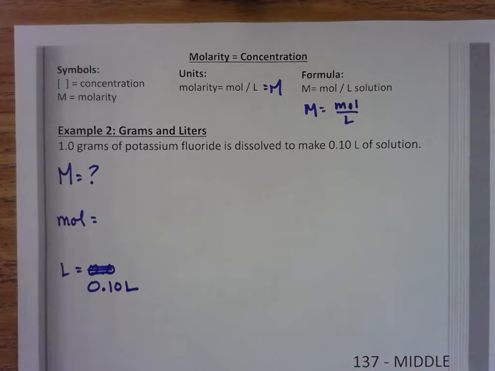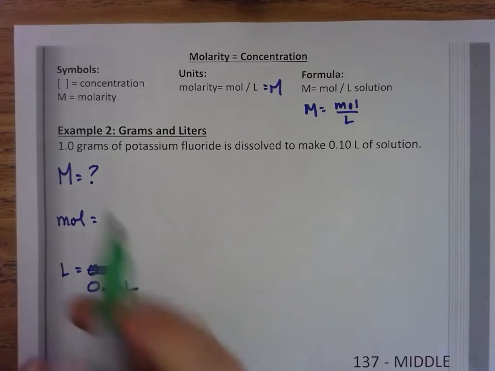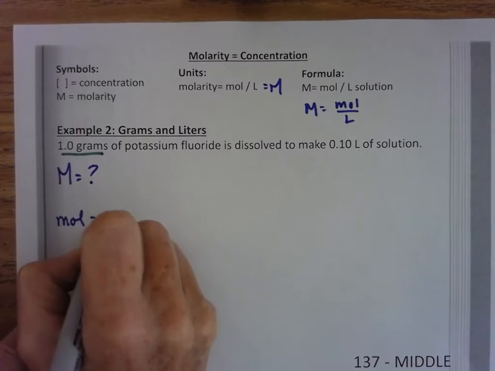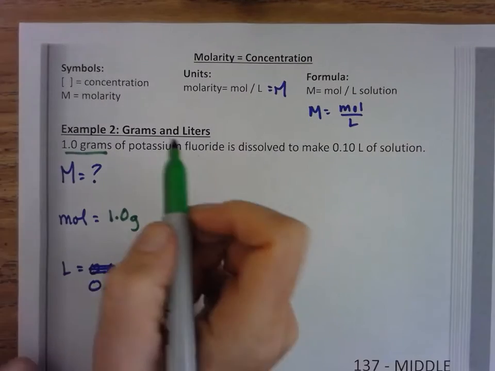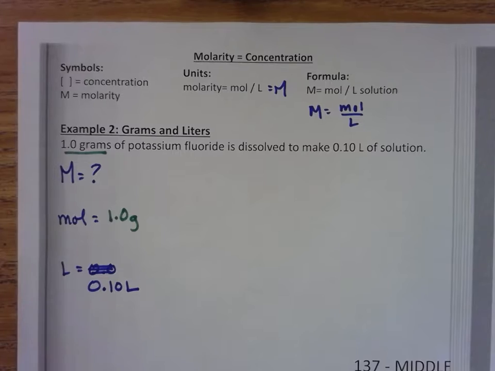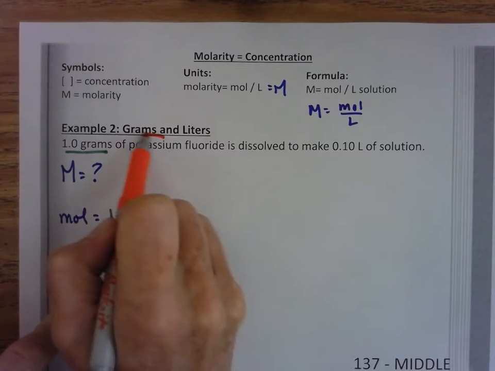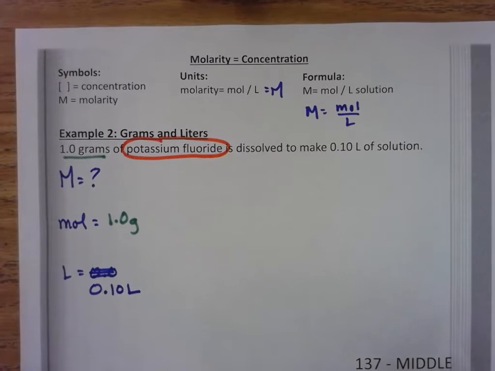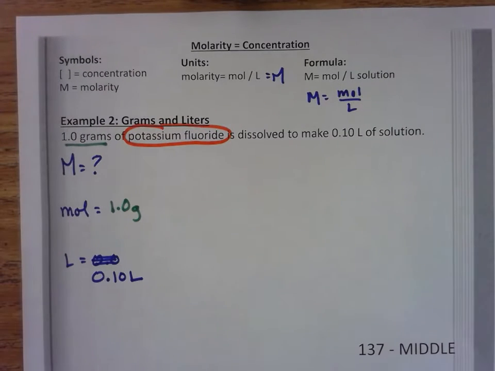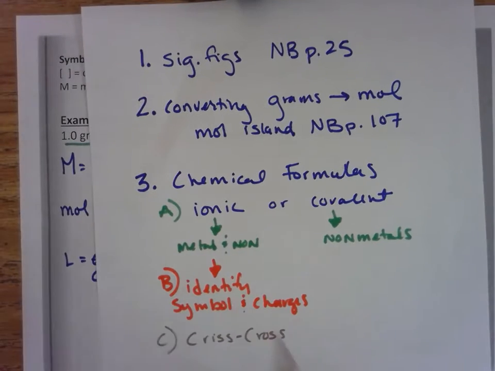So right here, I have 1.0 grams. And then I have been given words. So we have to figure out whether potassium fluoride is ionic or covalent.